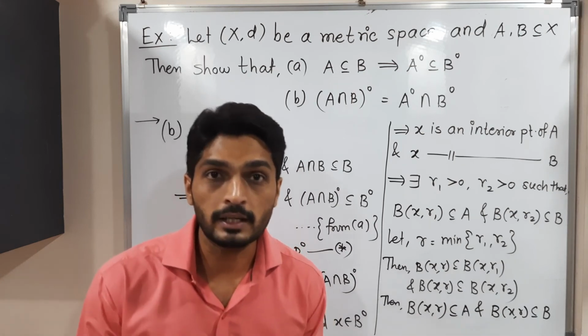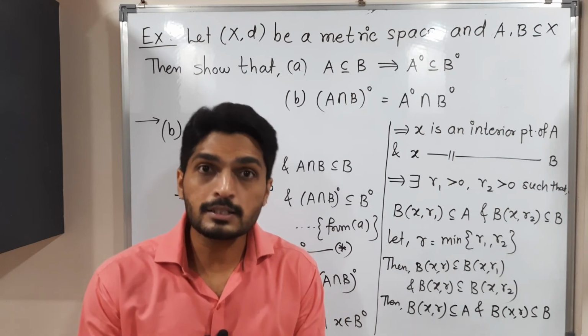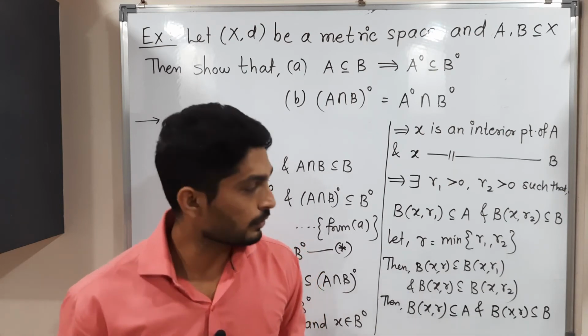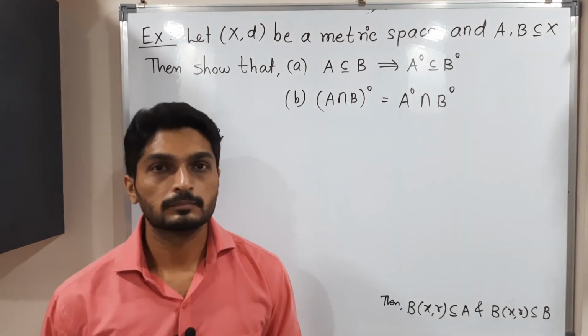B(X,R) subset of A as well as B(X,R) subset of B. So that's why it is a subset of the intersection of A and B. And intersection, you remember, na? Okay. So there is no more space to write. So I suggest you make a screenshot of it. Then we will go further.